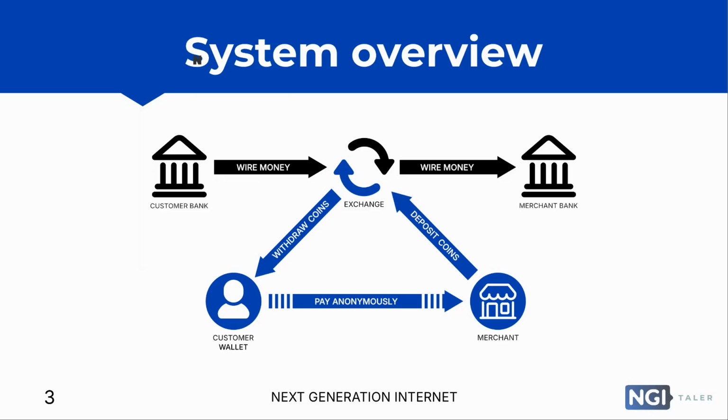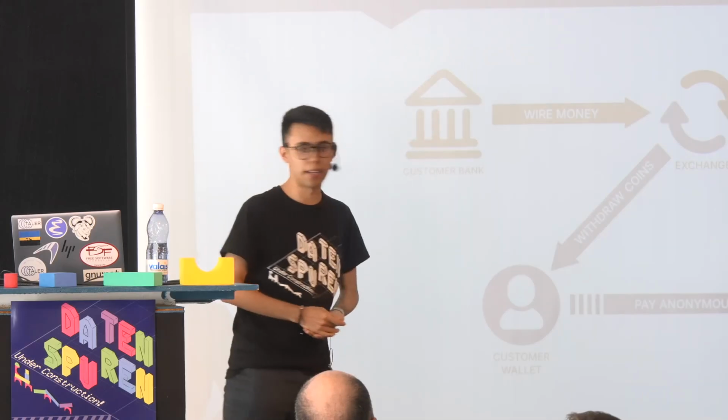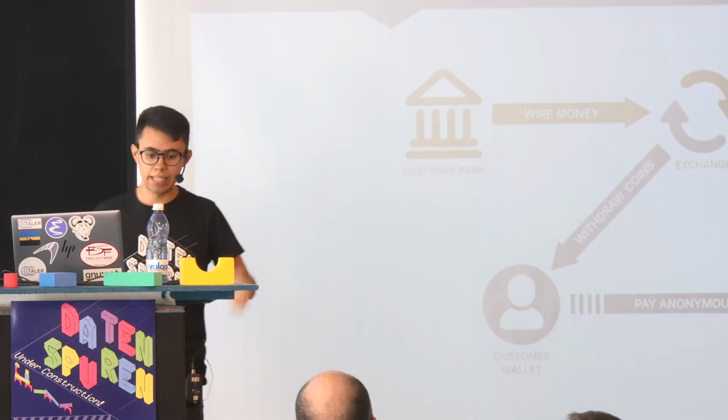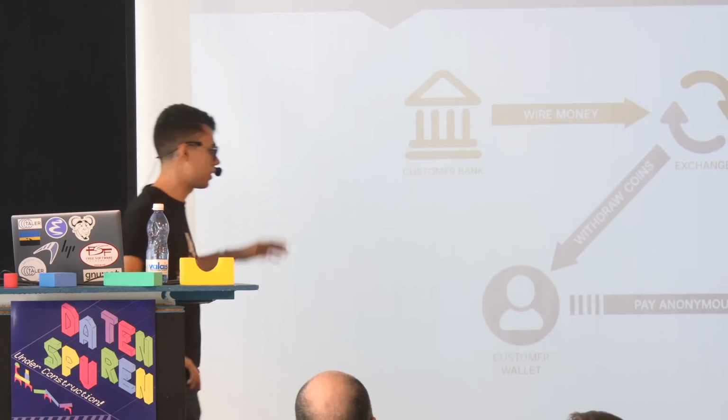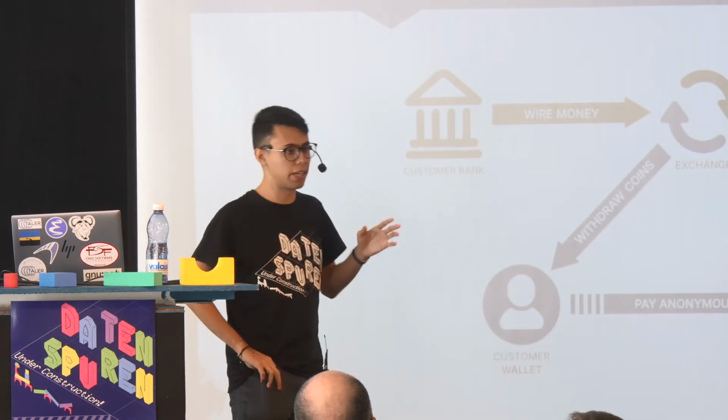And then we have the wallet, which allows you to store cash and do payments. And then we have the merchant, which is the software that allows shops to accept payments via Taler. And then they can use the exchange to do the other way around, so turn the digital cash into money in their bank account.